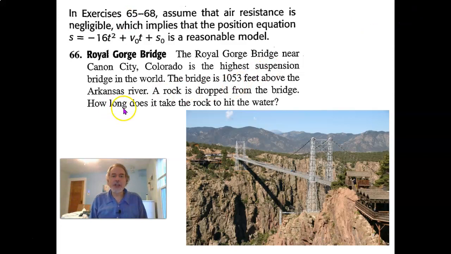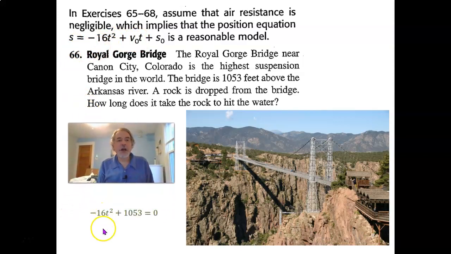But here the question is, how long, that is, how many seconds before the rock hits the water? At that time, the height above the water will be 0. So it's really a matter of saying, what does t have to be in this equation for s to be 0?